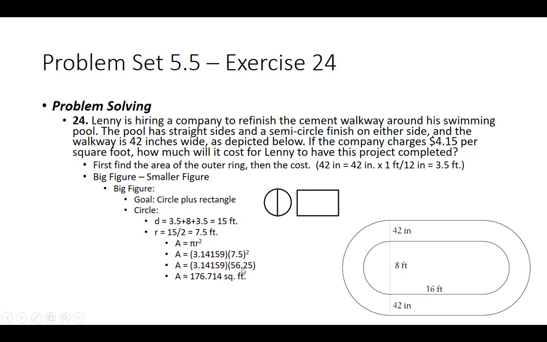And 7.5 squared is 56.25. 56.25 times 3.14159 gives us 176.714 square feet. That is just the big circle.